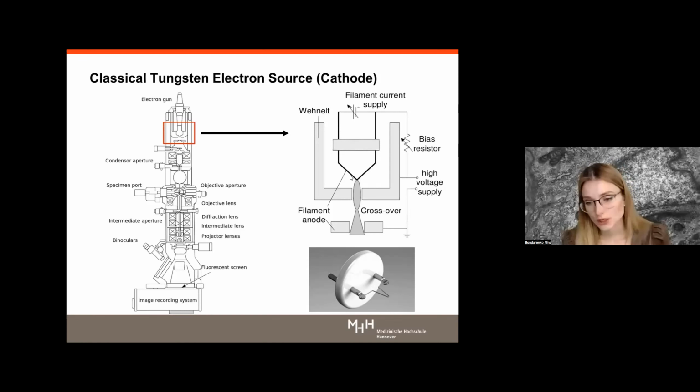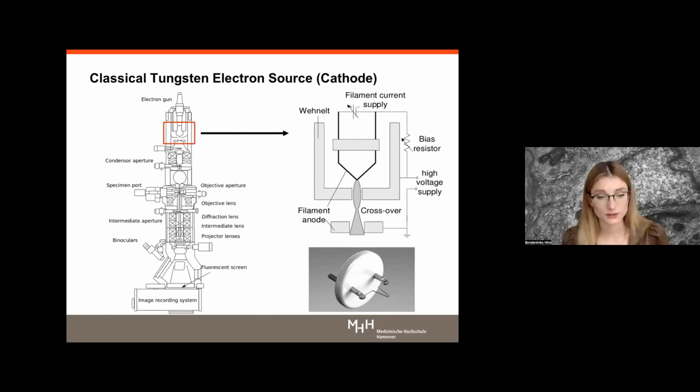As soon as these electrons are released from the surface of the tungsten, the high voltage source connected to the electron gun gives sufficient current, and electrons can be focused and released into the column here.